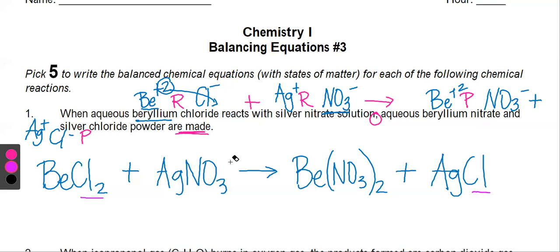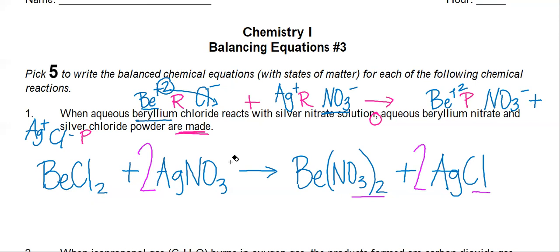So to make that work out, we'll put a 2 in front of the AgCl. And then that makes 2 silvers. So then on the left side of the arrow, we have to put a 2 in front of the silver nitrate. Now that makes 2 NO3 groups because that 2 distributes, but that's okay because we've got 2 NO3 groups there. Okay, so now it's balanced.